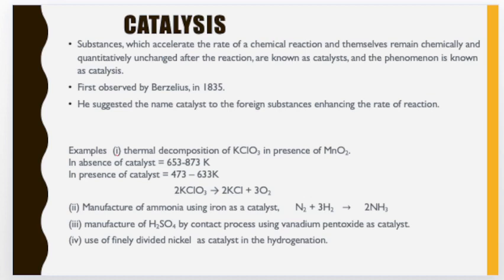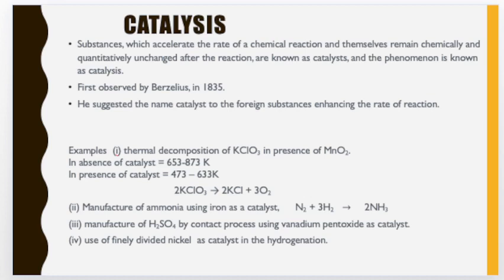In the absence of catalyst, high temperatures of 653 to 873 Kelvin are required for the evolution of the oxygen gas. But if this reaction is carried out in presence of catalyst, that is MnO2, lower temperature, that is 473 to 633 Kelvin, is needed for the evolution of the oxygen gas.